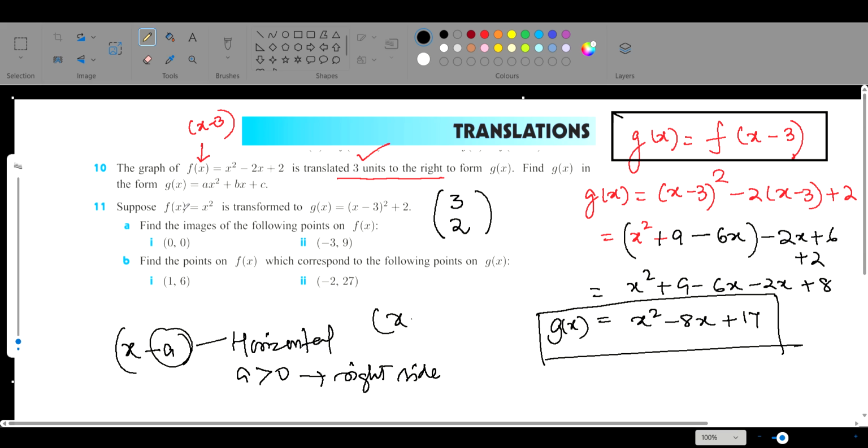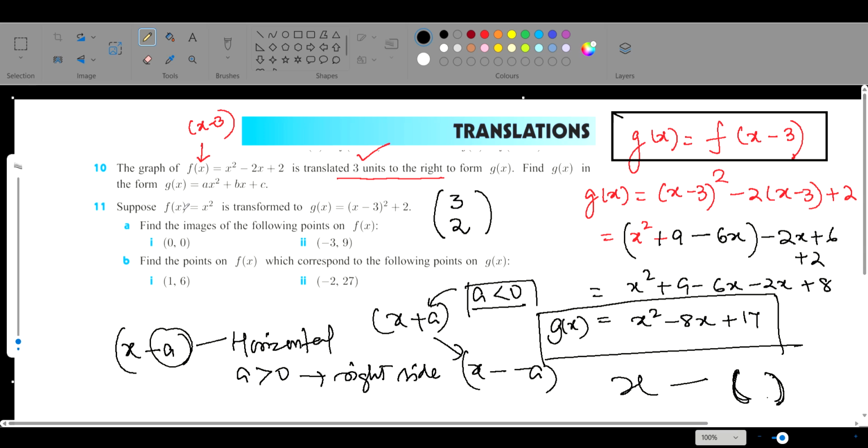And if you see x plus a, it means a is negative, a left side translation, right? It's plus a because of x minus of minus a. The structure is x minus of that number of units. If it is a positive unit, shifted right side, and if you see a negative number over here, it means it's shifted left side. Okay.